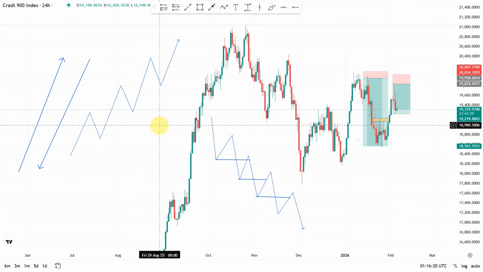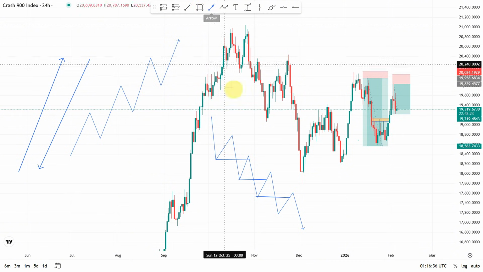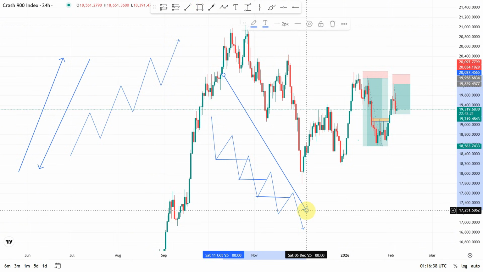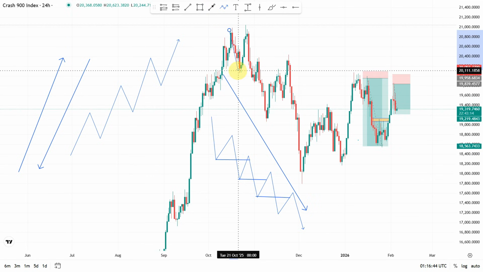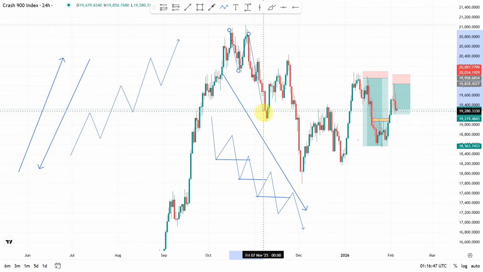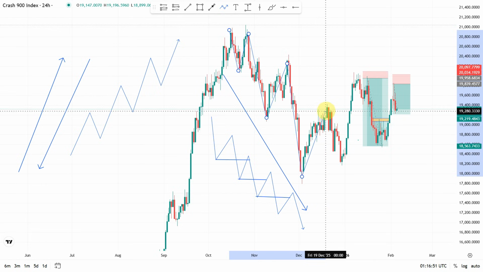Now coming to our pair right here, this is the daily time frame, okay? And you can see that this market was moving in a downward direction like this. So we came to see the break of market structures of this price action right here, and we can see the market was consistently breaking structures as it was moving in the downtrend direction.